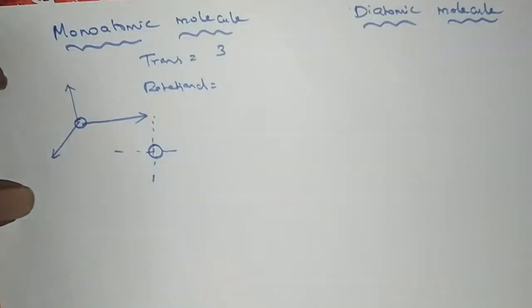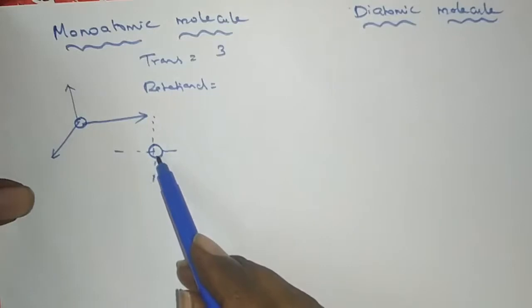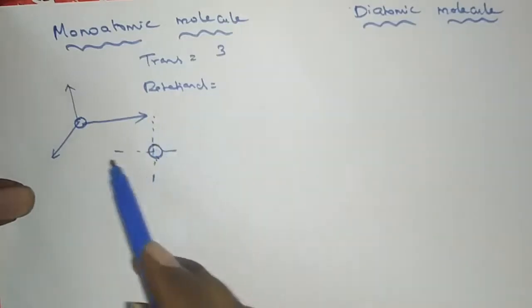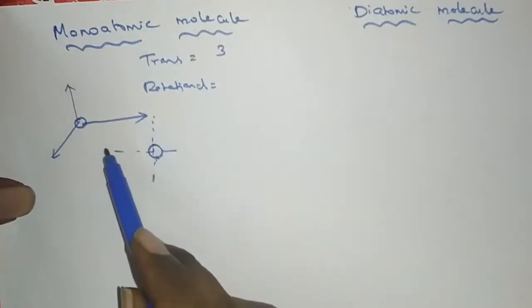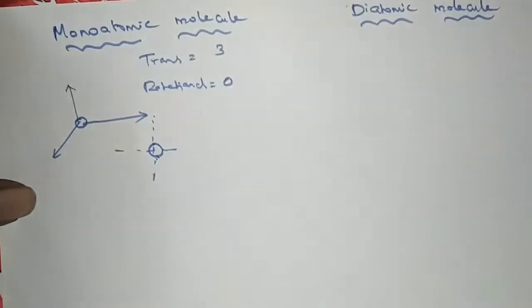The molecule will rotate on its own axis. But rotational motion means the molecule has to move from its place and rotate. So this molecule cannot, for any imaginary axis passing through its body. Therefore, the rotational motion is 0.